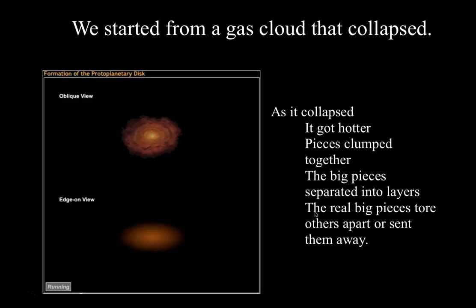So now let me show you the simulations that give rise to why we think this is a reasonable situation. So we start with a cloud, and let's see if we can get these things to play. Here we go.